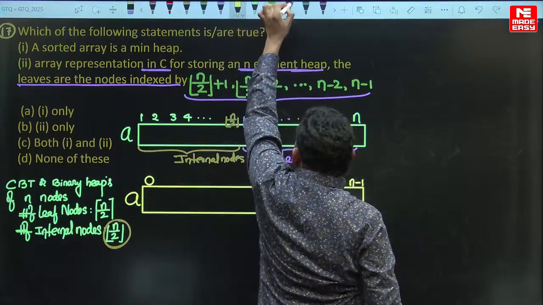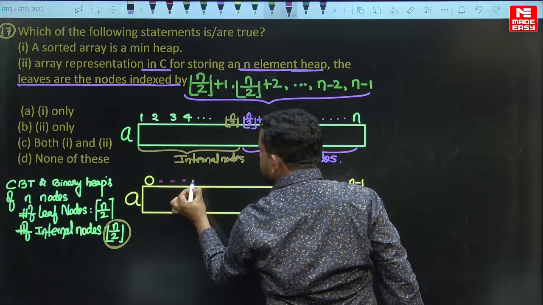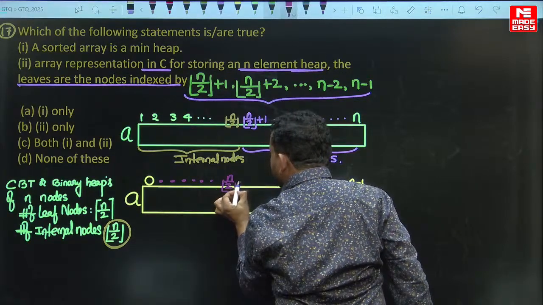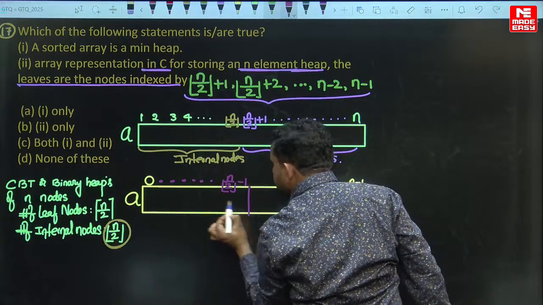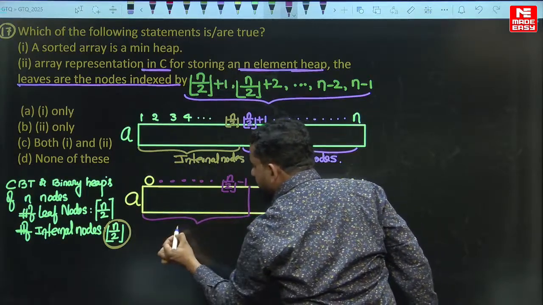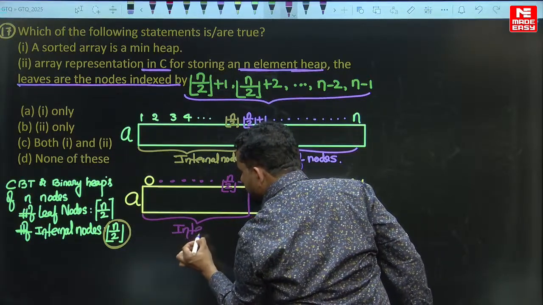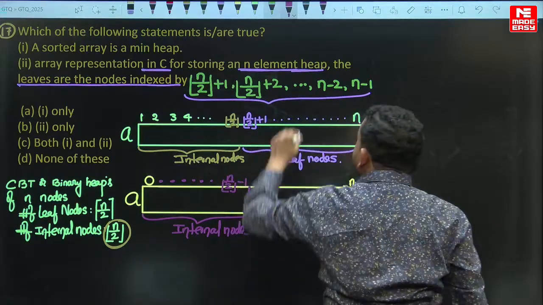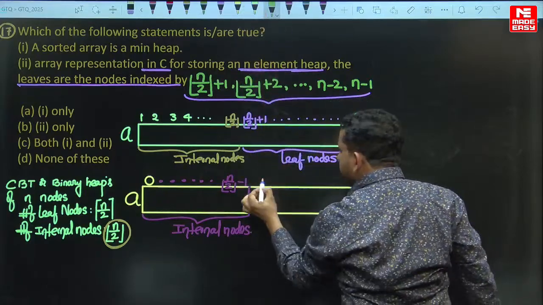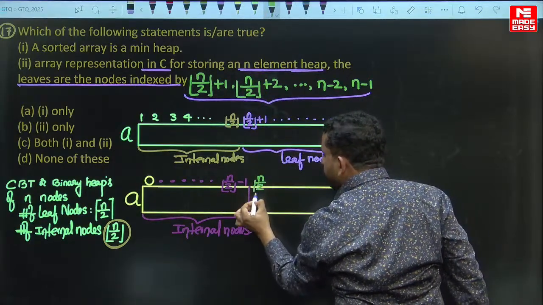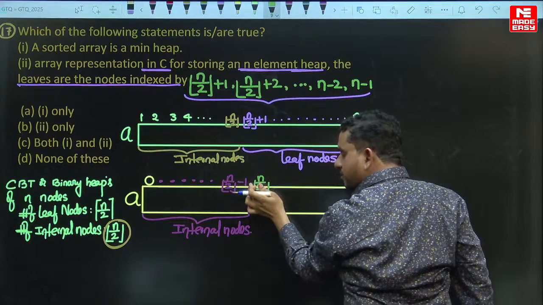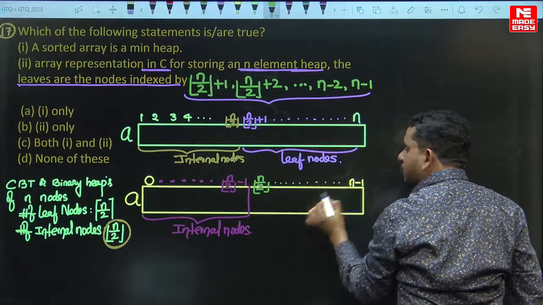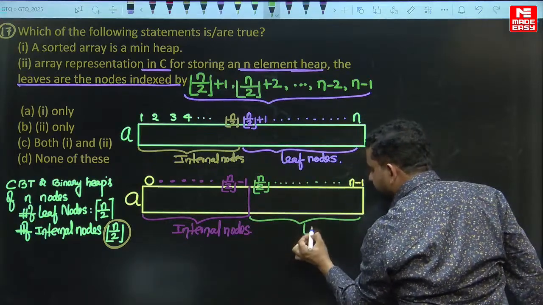That means the last index becomes n minus 1. With floor(n/2) internal nodes and the index starting from 0, the internal node indexes run till floor(n/2) minus 1. The next node onwards is the leaf node, so the leaf node indexes are floor(n/2), floor(n/2)+1, up to n minus 1.